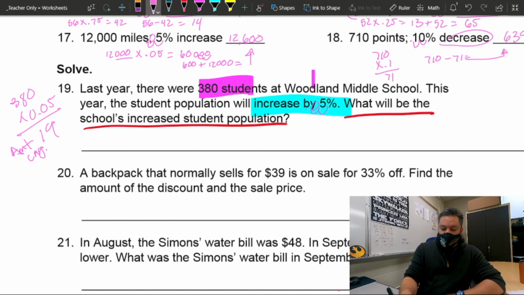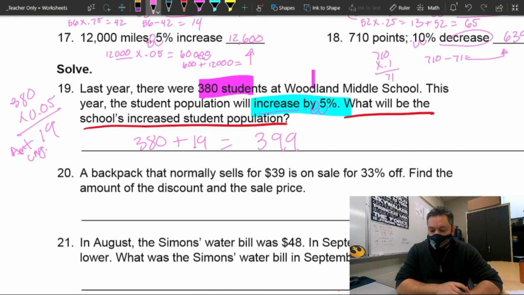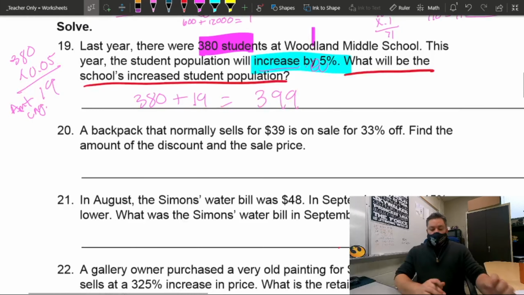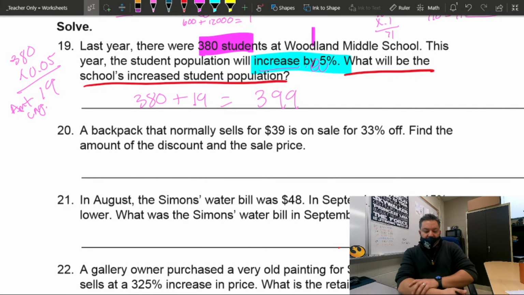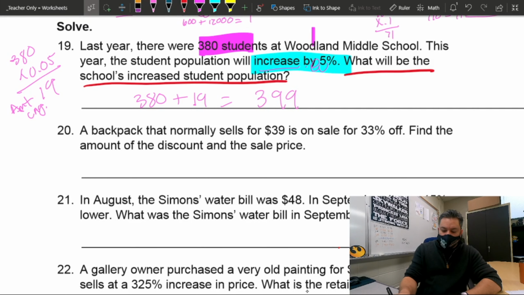Now, since I know it's an increase, all I have to do is 380 plus 19. So my new student population is going to be how many students? 399. That's it.